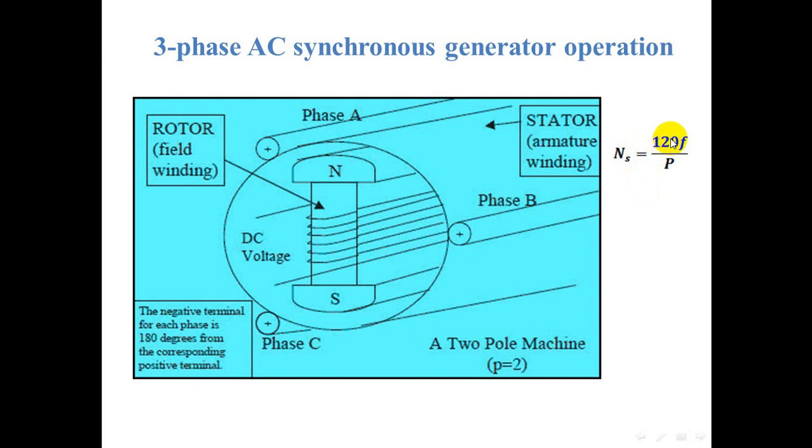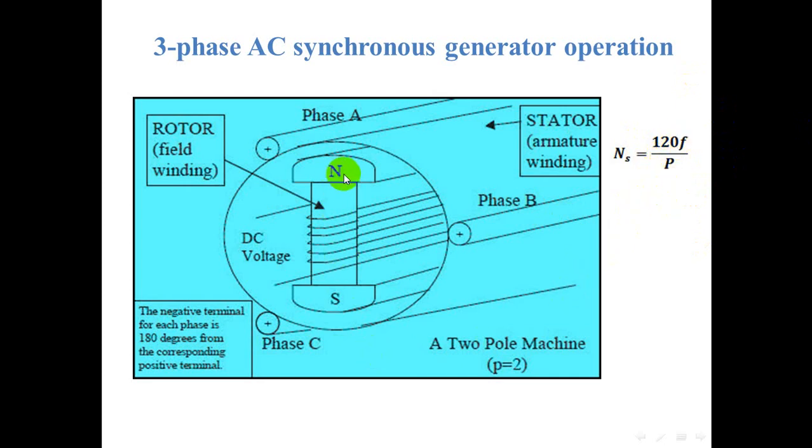Then it is multiplied by F. F is the abbreviation of frequency, and F indicates the alternating current frequency measured in hertz, over P. What is P? P indicates the number of poles.